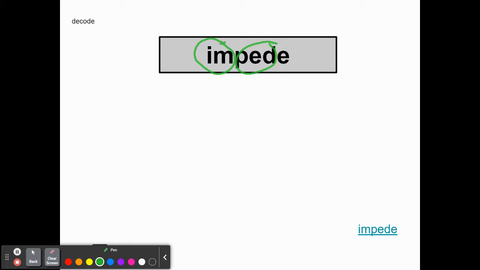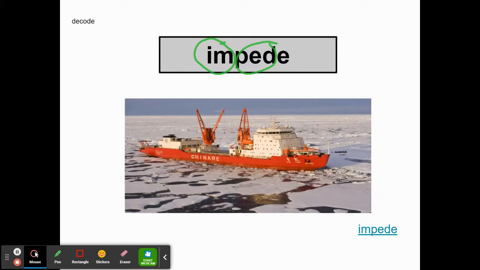I'll show you this picture real quick, because in this picture you might use the word impede to say that the ice is impeding on the ship's ability to travel. Im meaning into or in, so something that is in their way of being able to travel. Now, this is kind of like what we were talking about with the expedition.